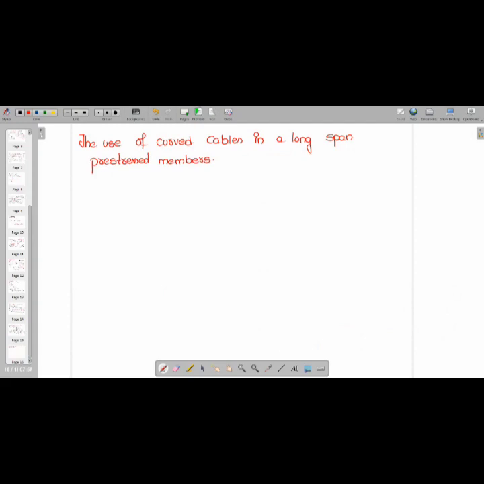This will reduce the bending moment at the supports. This is very important now. The use of curved cables reduces the bending moment at where, sir? This will try to reduce the bending moment at the supports.